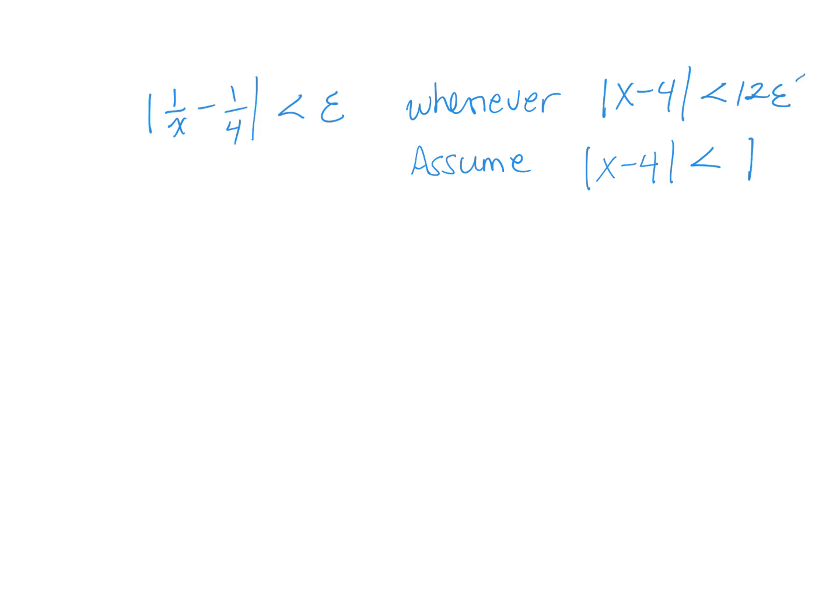So we really want to take the minimum of these two. Our delta is the minimum of either 1 or 12 epsilon.